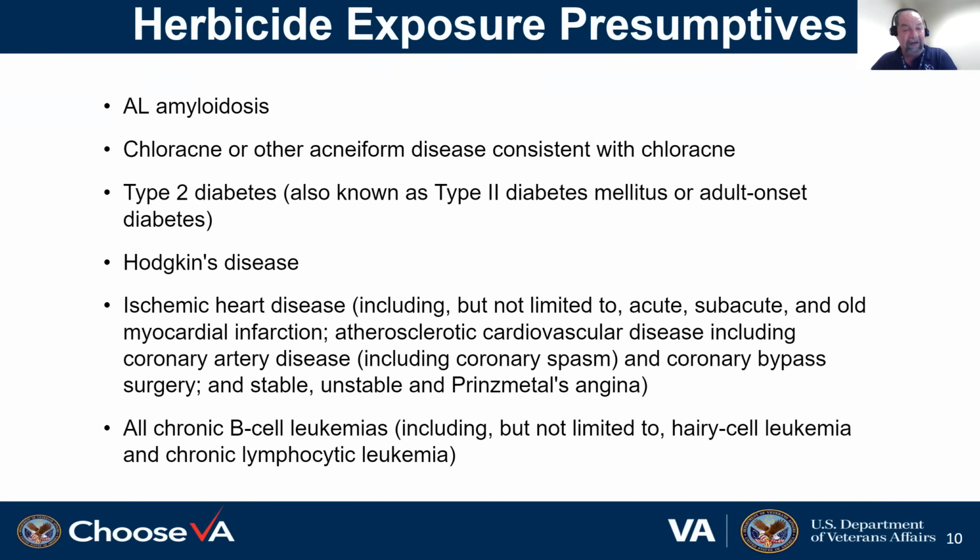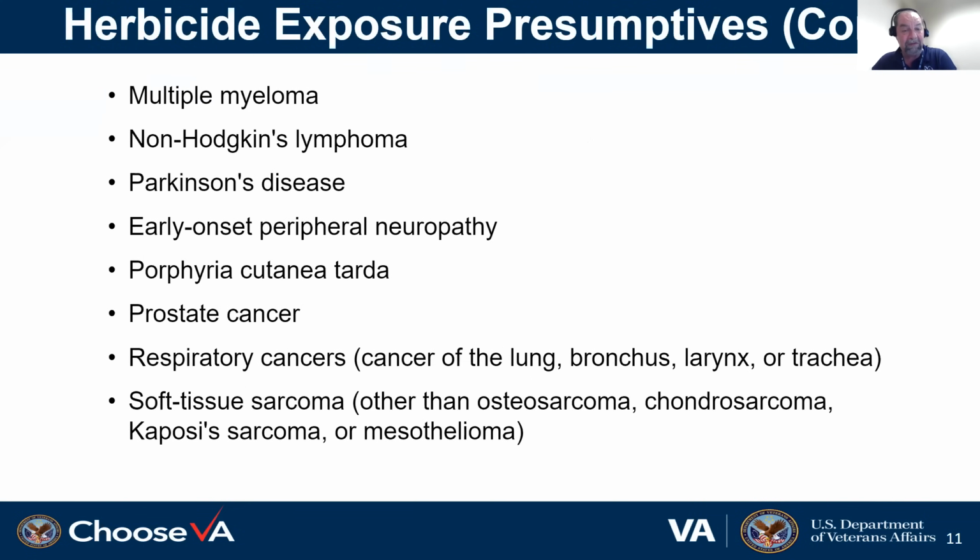If we go to the next slide, we can see a few more. The multiple myelomas, the prostate cancer, the early onset of peripheral neuropathy, respiratory cancers, soft tissue sarcomas, Parkinson's disease was just added recently. So many, many more.